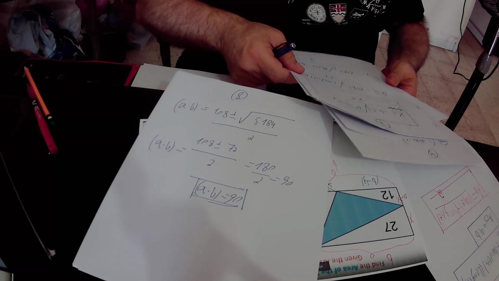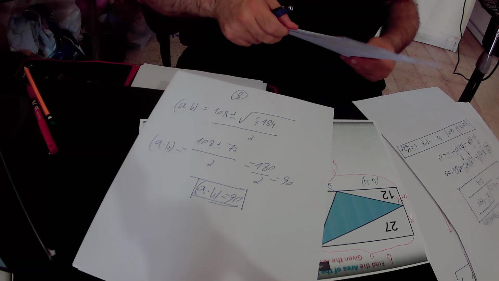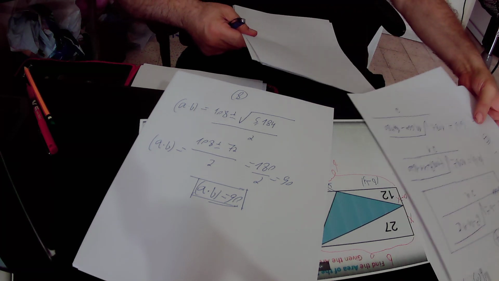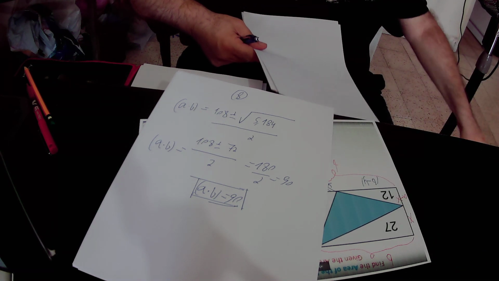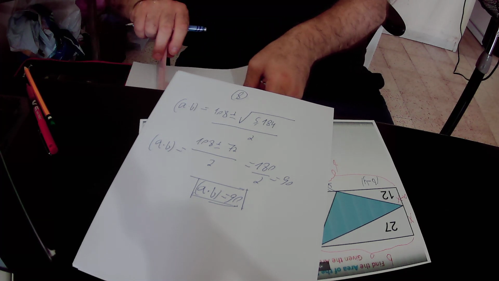The area equals 90 units, but we have also the second solution for a times b. We will check it out.